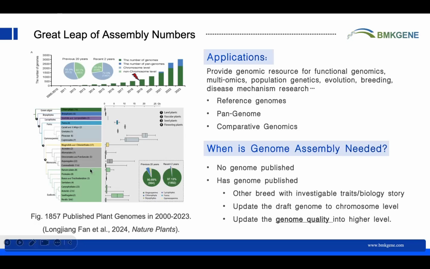For each species, there are statistics of different plant classes. You can see that within each class, there are some species that were assembled into a reference genome in previous years. So the assembly of a reference genome is very important in research.